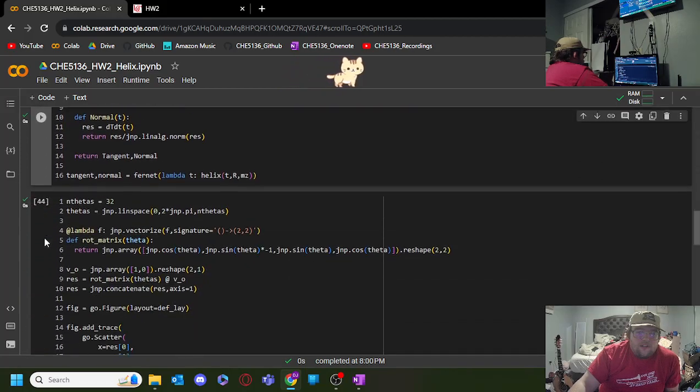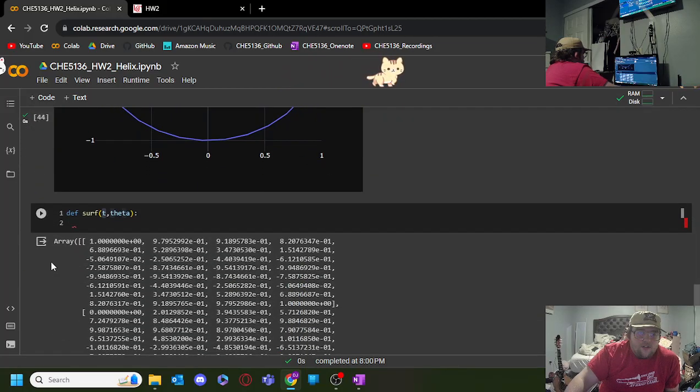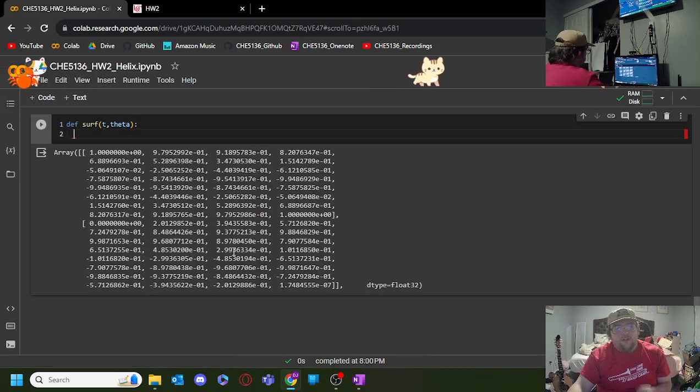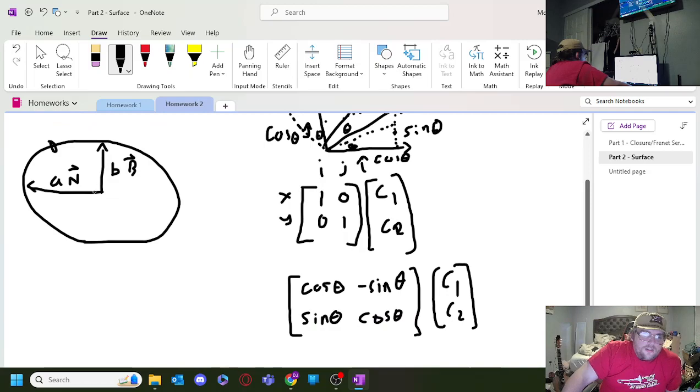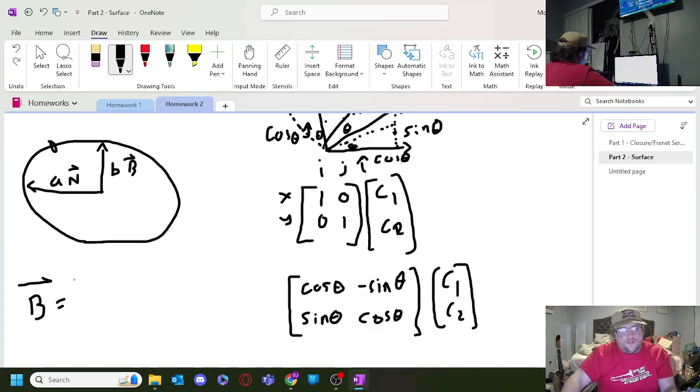So if we go back down here, we got the surface. Then just like I was explaining right here, a reminder, the binormal is just the cross product of n and t.